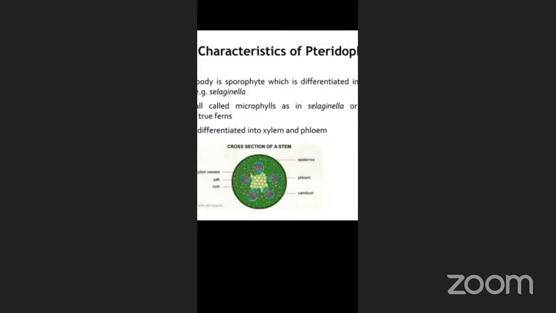That condition we call eusporangiate development. Example, Selaginella. Another one is leptosporangiate. Leptosporangiate means only a single cell is initiated to develop as a sporangium. That condition we call leptosporangiate. Example, Marsilea.